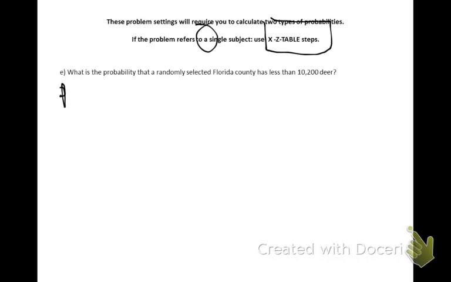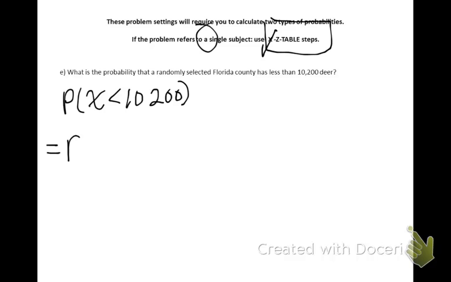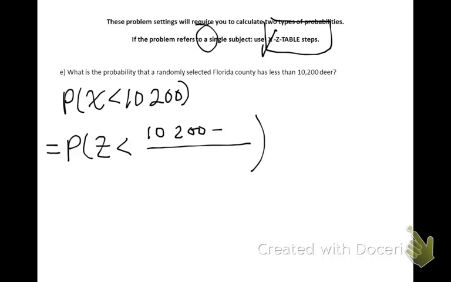That's the probability that X is less than 10,200. We know that our steps say to write this in terms of X, which we've done. Then it says convert to a Z.